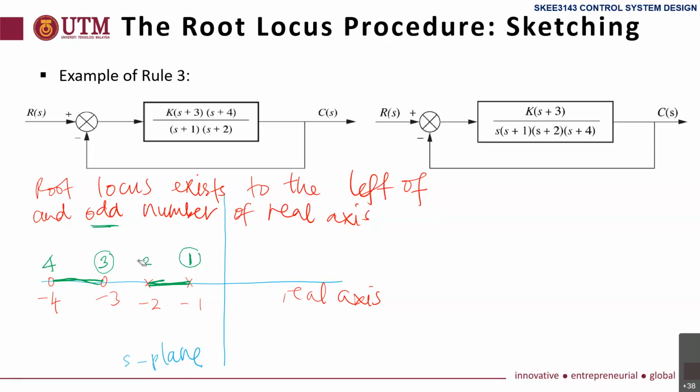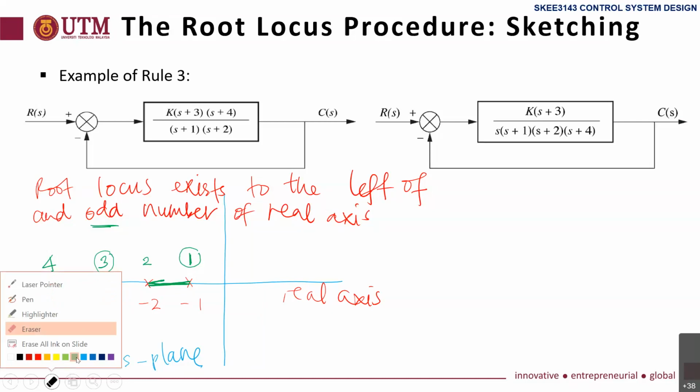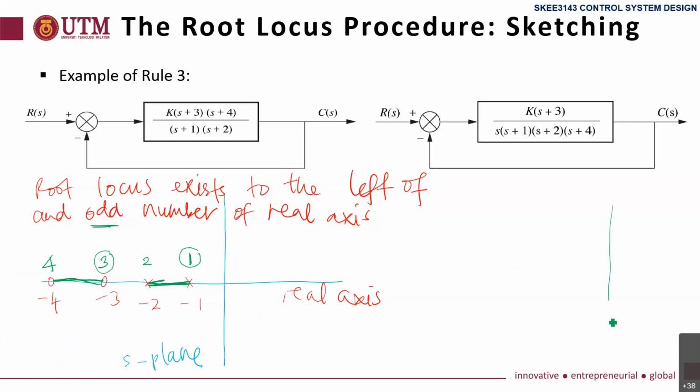Okay, let's try this to see whether you understand or not. Plot the poles and zeros, then find the root locus on the real axis based on rule number 3.